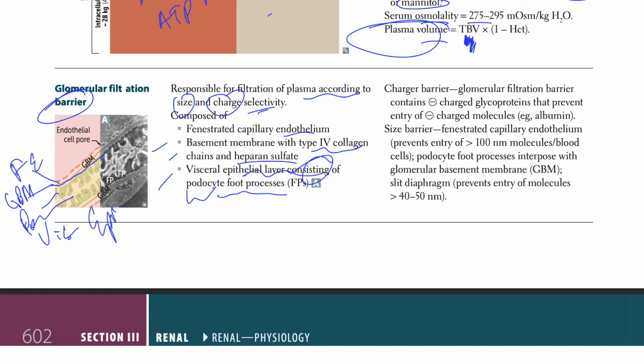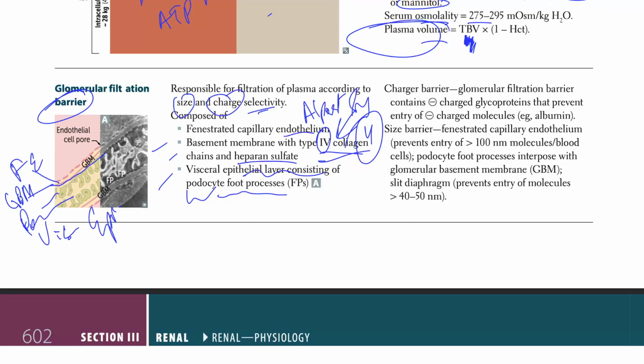So before we go on the right side, if you have a defect in type 4 collagen, you will have Alport syndrome. Alport, "por" means 4, right? Type 4 collagen defect.